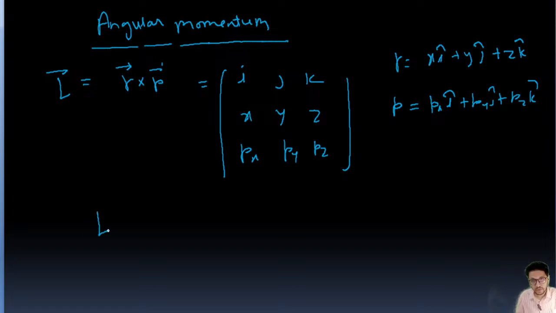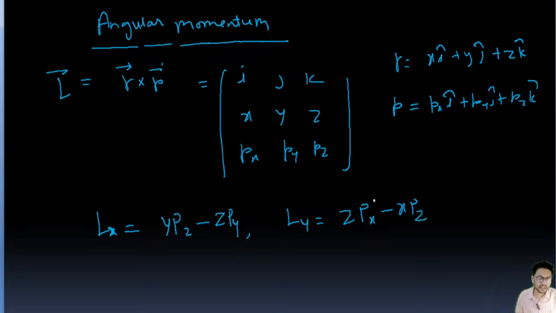Okay, so Lx is y pz minus z py. Ly is going to be z px minus x pz.